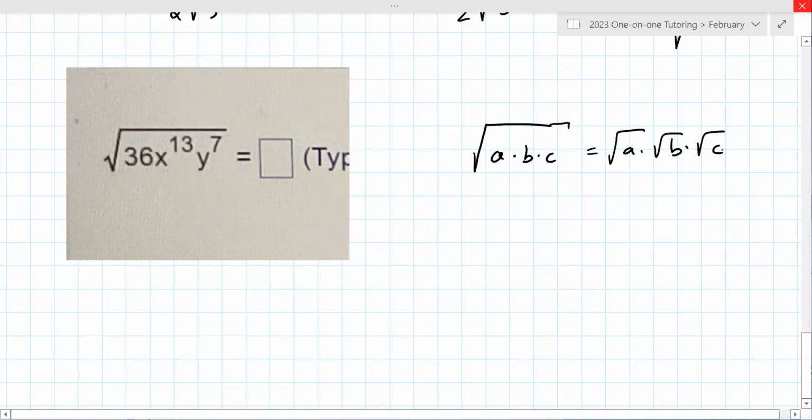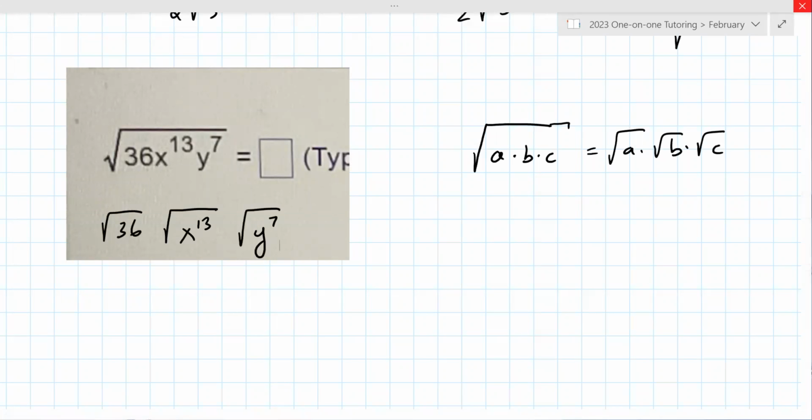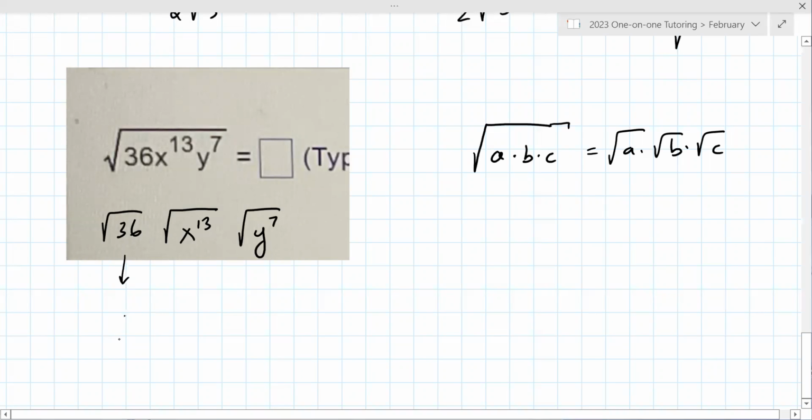So you can break this one up into the square root of 36, the square root of x to the 13th, square root of y to the 7th. Is that okay? Now, the square root of 36, I think you know that one. That's 6, okay?